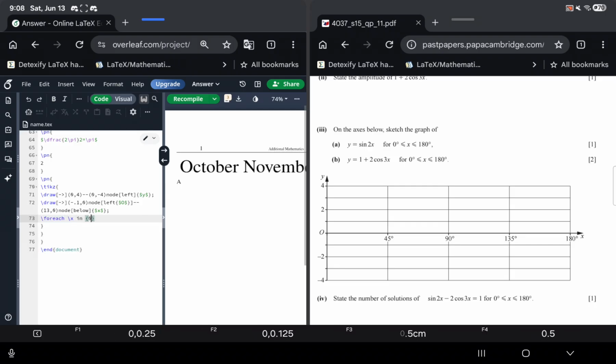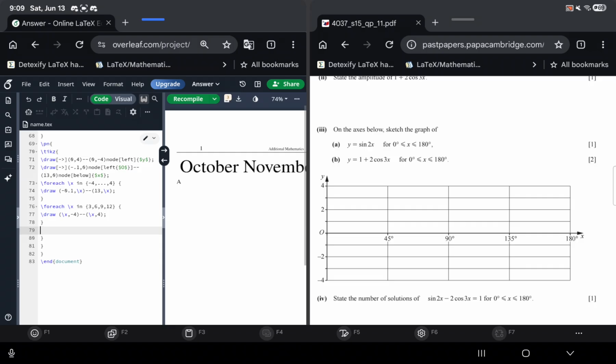For each x in 4 to 4, we draw from -0.1 x to 13 x, and for each x in 3, 6, 9, 12, we have draw -4, no, x -4 to x 4, nice, and we have the labeling, which we can go on to do like so.